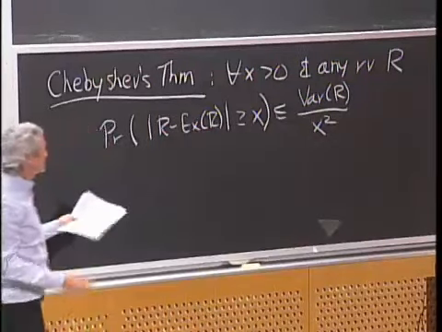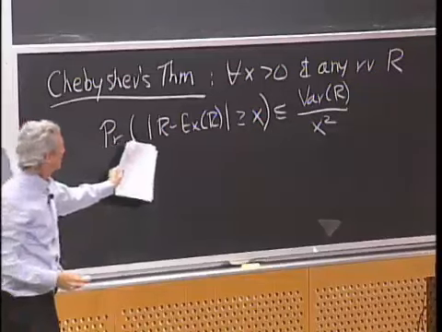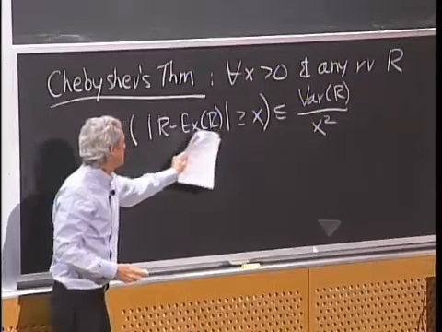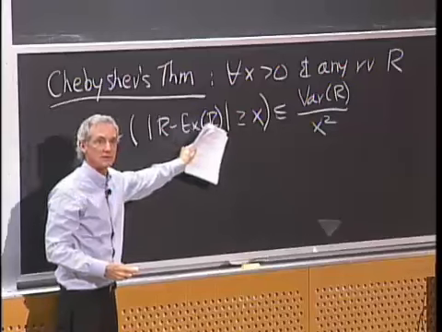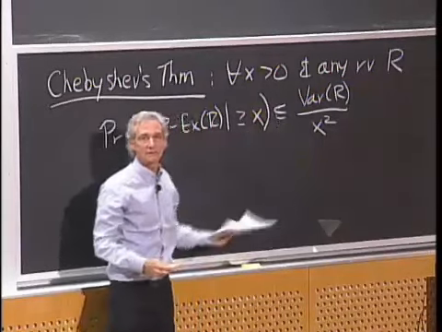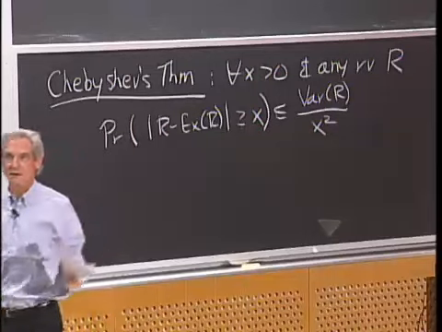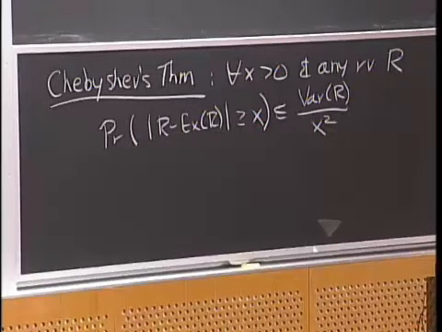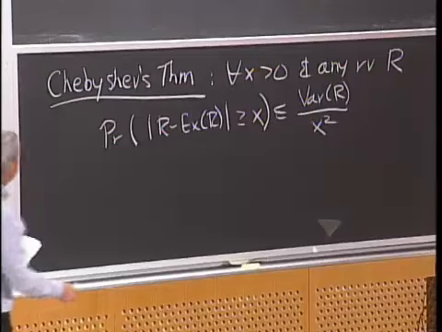So this is like Markov's theorem, except that we're now bounding the deviation in either direction. Instead of expected value, you have variance. Instead of x, you have x squared. But the same idea. In fact, the proof uses Markov's theorem.